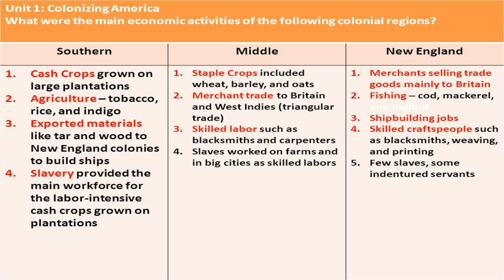Okay, so this little chart here shows you all the different aspects of Southern, Middle, and New England. Once we get started here, the most unique of all the colonies are the Southern colonies, and you can see the characteristics right there on the screen. The biggest thing you need to know about the Southern colonies is that they're all about farming and cash crops.